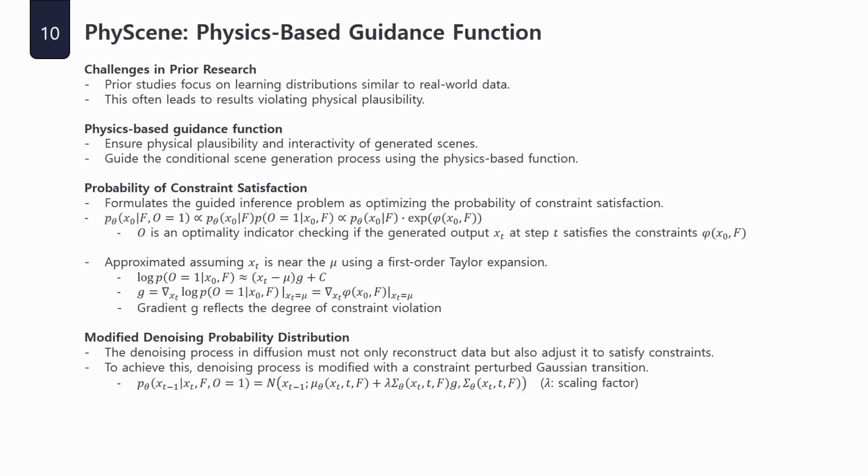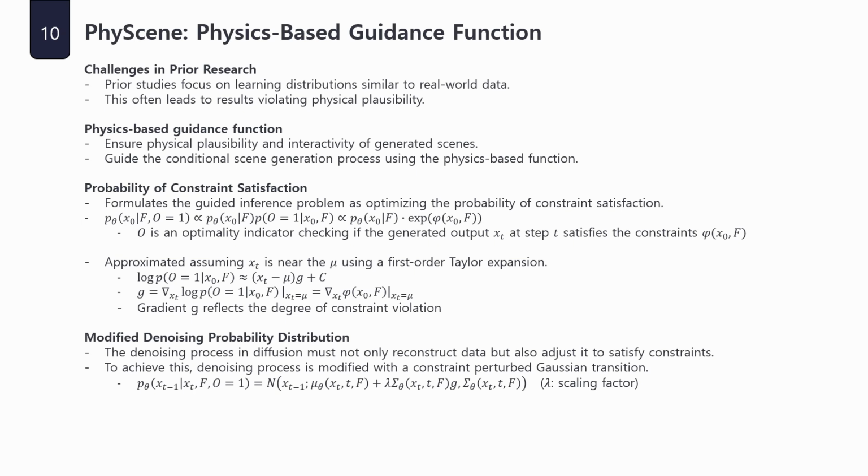As mentioned earlier, previous studies primarily follow an approach that simply learns to mimic the distribution of real-world data. This often leads to results that violate physical plausibility. To address this issue, PhysScene introduced a physics-based guidance function. This guidance function directs the conditional scene generation process using a physics-based guide to ensure the physical plausibility and interactivity of the generated result.